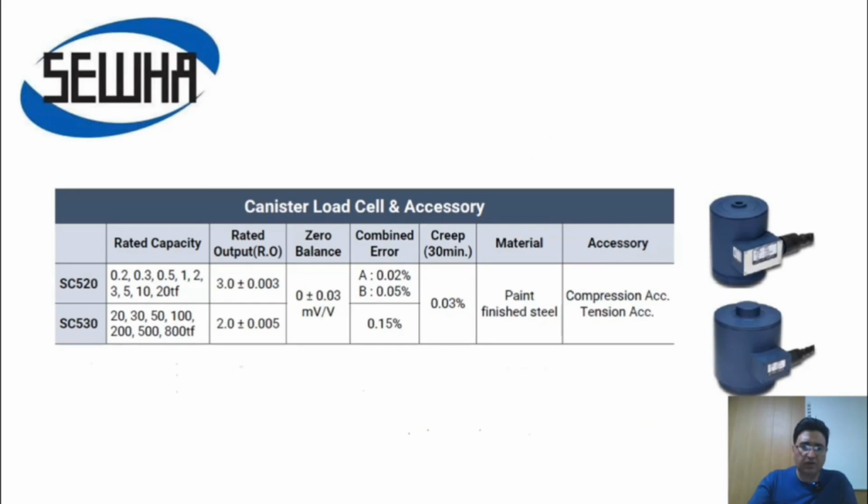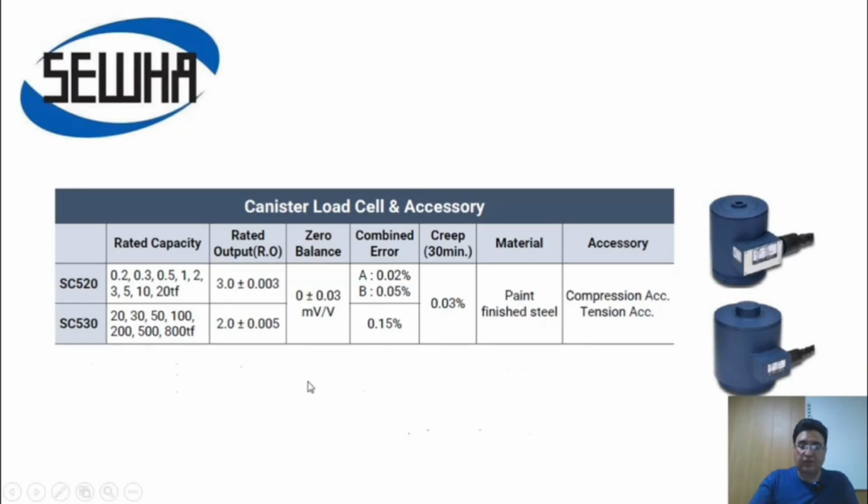In the SEWHA brand, we introduced canister load cells with the codes SC520 and SC530. The SC520 load cells have a capacity ranging from 200 kilograms to 20 tons, and the SC530 load cells have a capacity from 20 tons up to 800 tons.